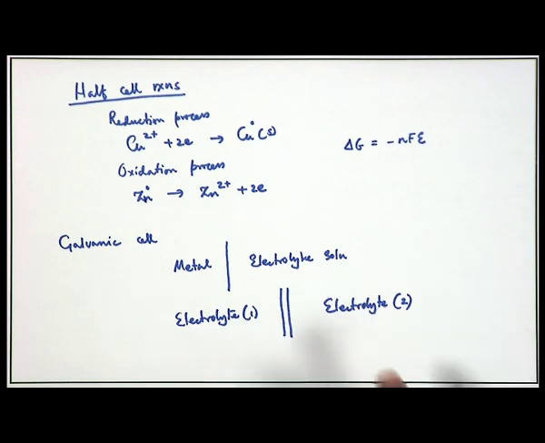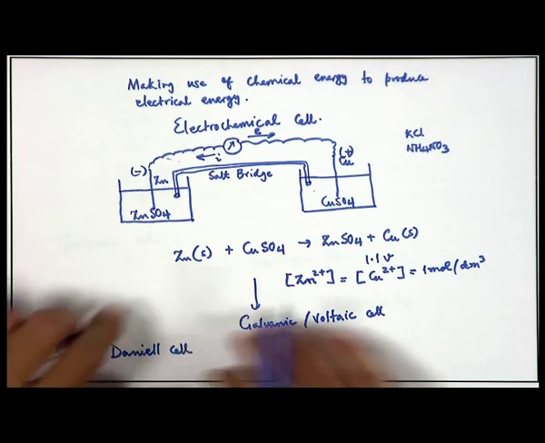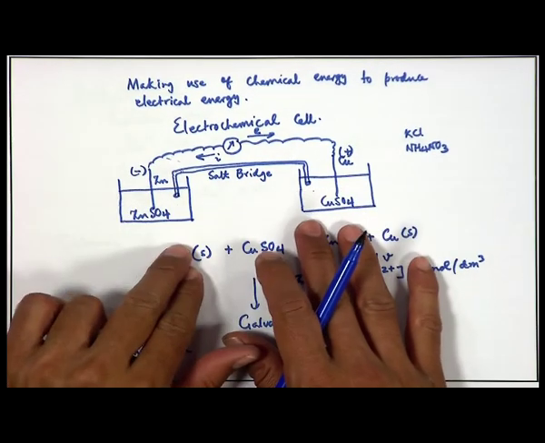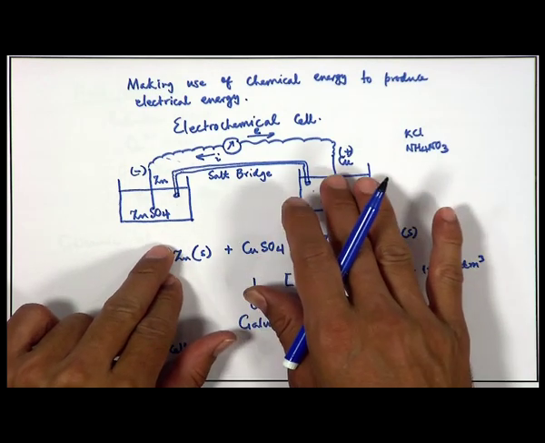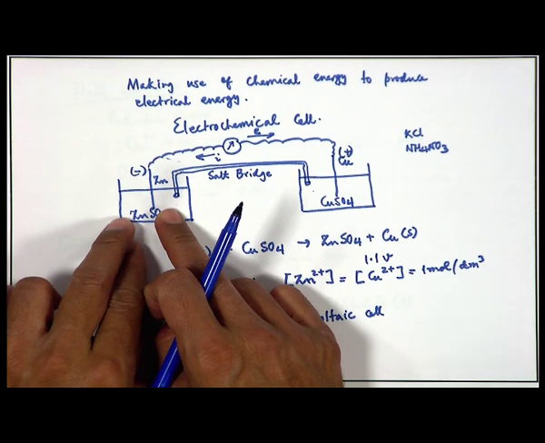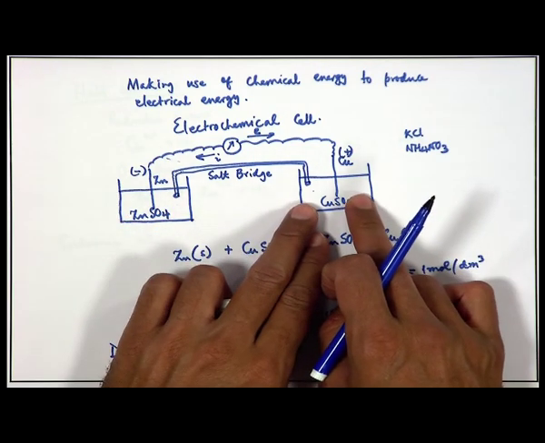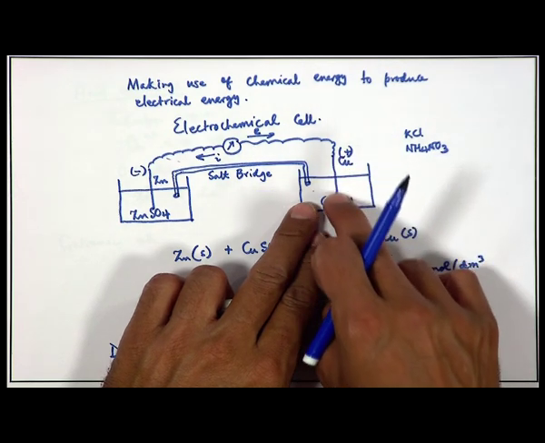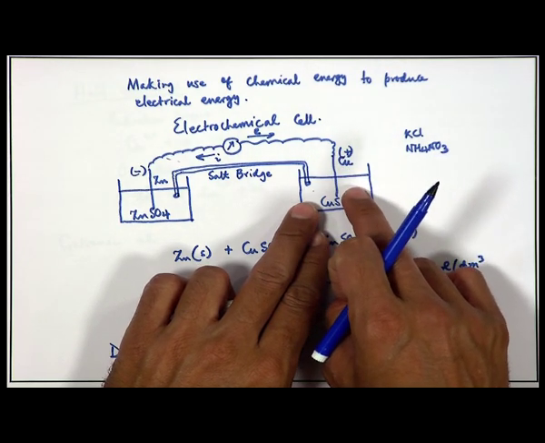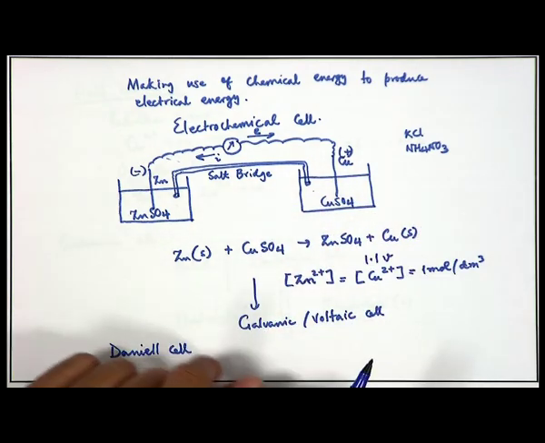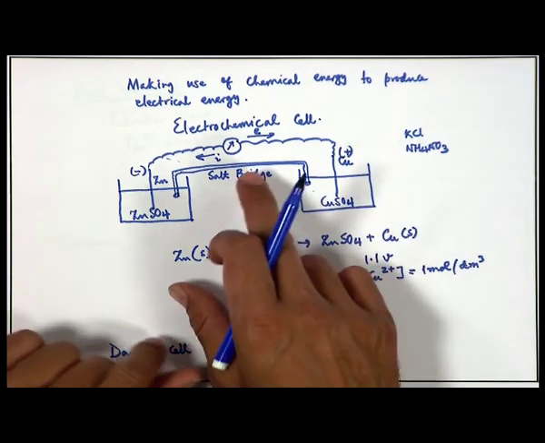Whenever this arrangement is made, you have this half cell and this half cell. The total potential is nothing but the potential difference between these two. Each half cell will have some potential. Whether the electrode is positively or negatively charged with respect to the solution decides in which direction the electrons will flow.